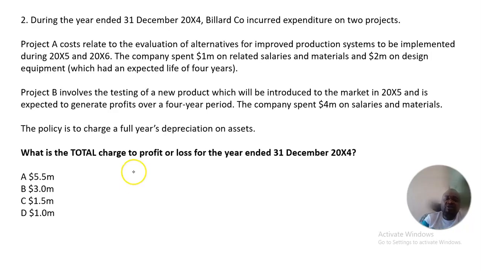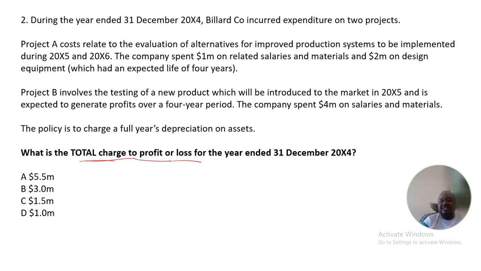The question wants you to come up with a charge, the total charge to profit or loss. Why did they say total? Because as you can see, each project has got varied cash flows, varied transactions and so forth.